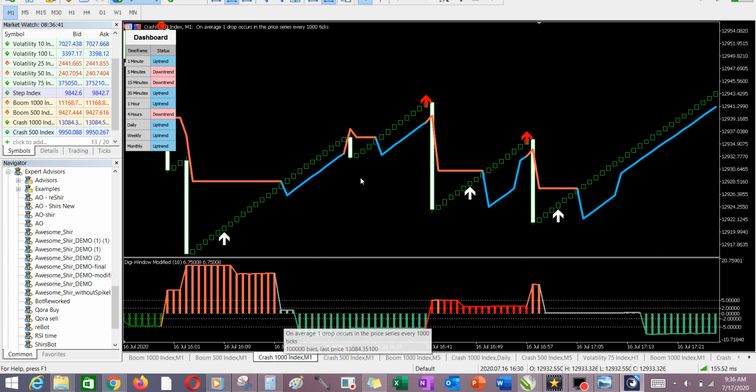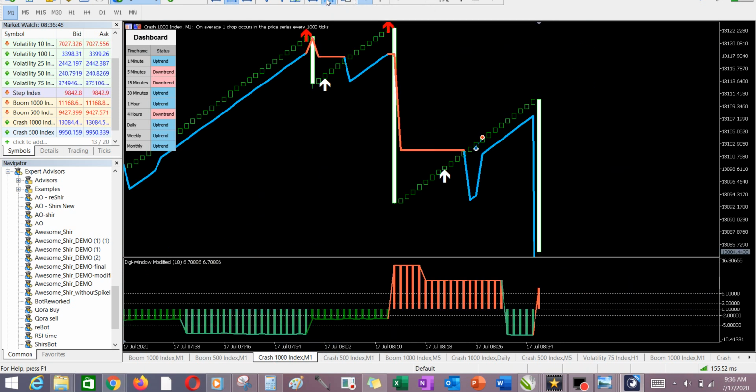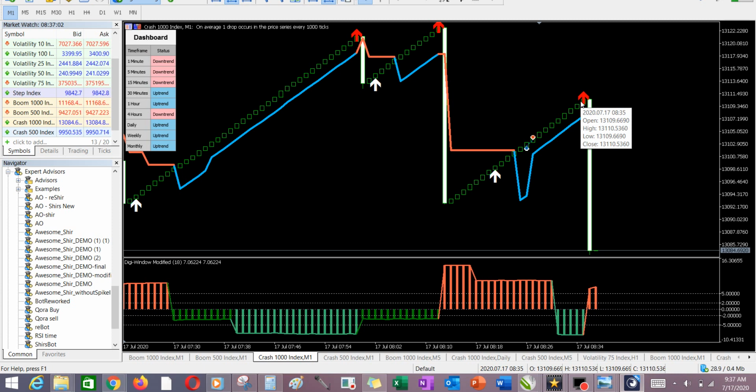Let's go to Crash 1000. Okay, we are through with the boom. So right now we are with crash. Right now we just had a crash, which is a very long one. You can see it just happened a few seconds ago after this long uptrend.